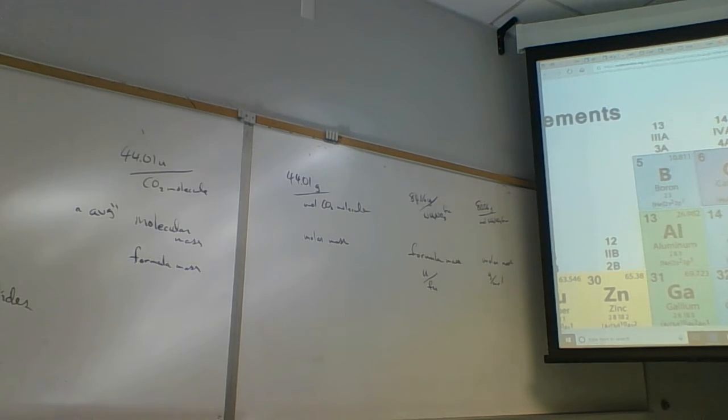So for fluorine, what number are you going to use? Two fluorines at 18.998. Am I going to write 18.998? No, I'm going to write 19.00, and so two of those is 38.00. So the total is going to be 78.08.